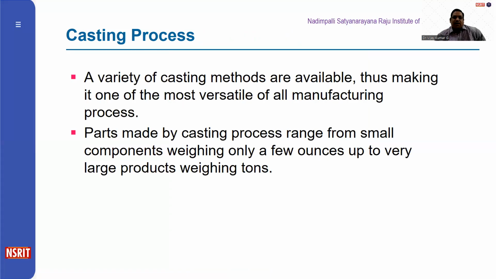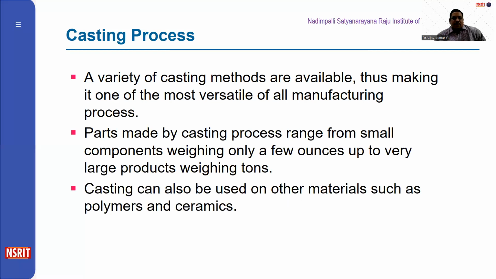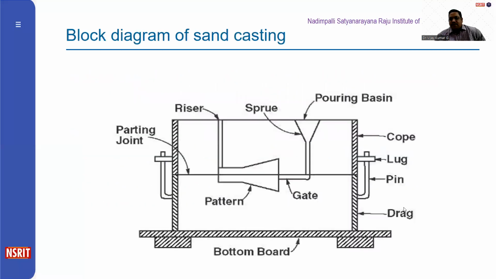Earlier I showed you a very large component weighing up to 680 kg. Casting can also be used on other materials such as polymers and ceramics. So this is the basic understanding of the things that are required to be known when we enter into the study of the casting process.